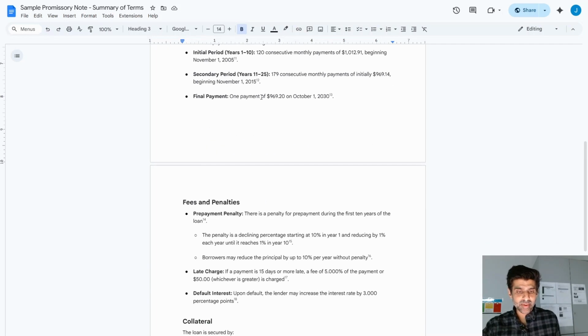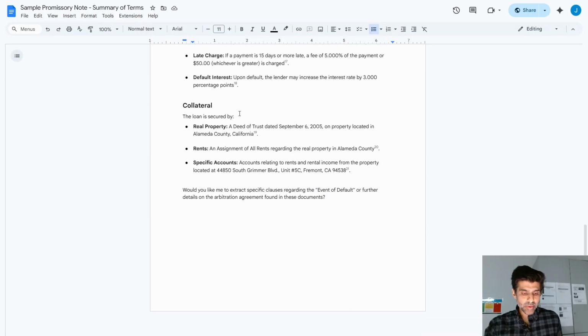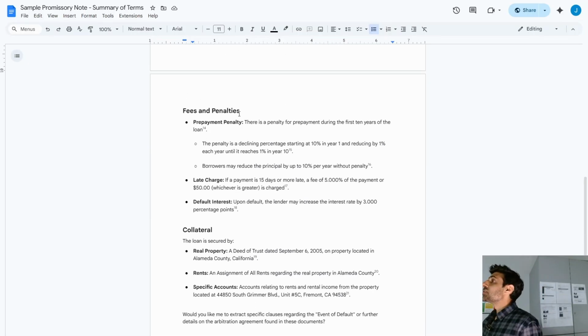And it was fully amortizing because you can see the last day is just going to be some payment. So it was a fully amortizing loan. Essentially, I just wanted to show you this is a real world example of how this stuff actually gets incorporated into real legal documents for notes payable.